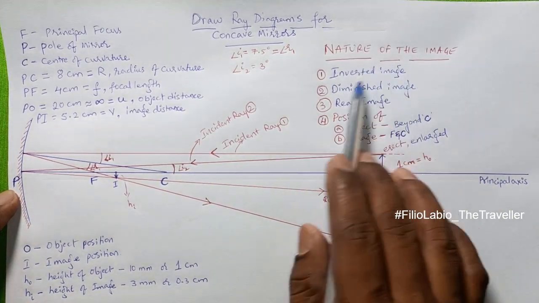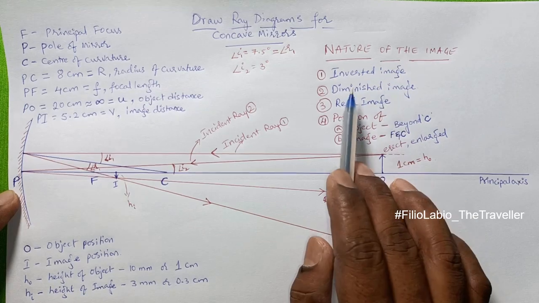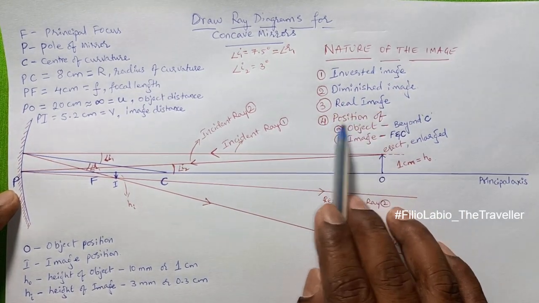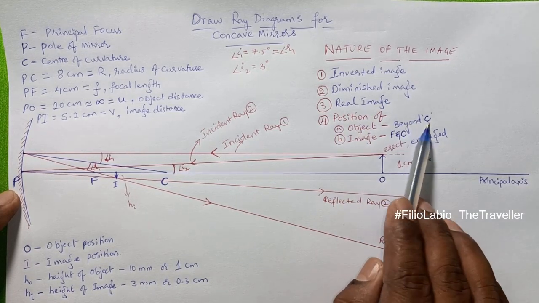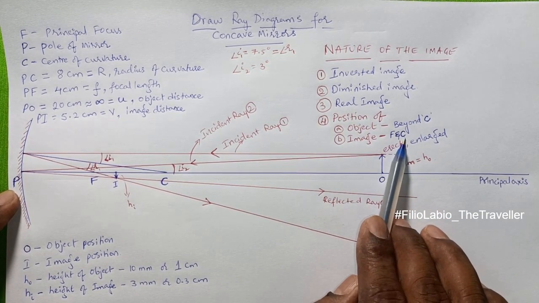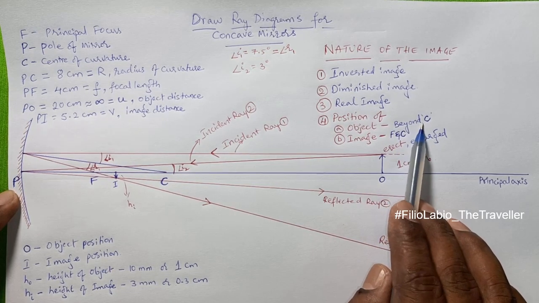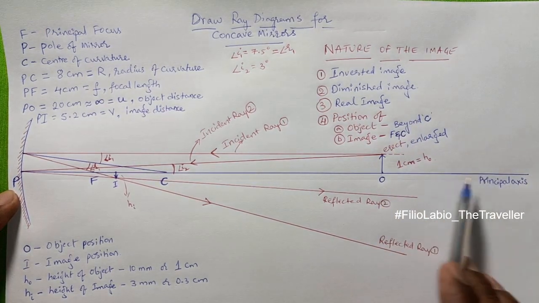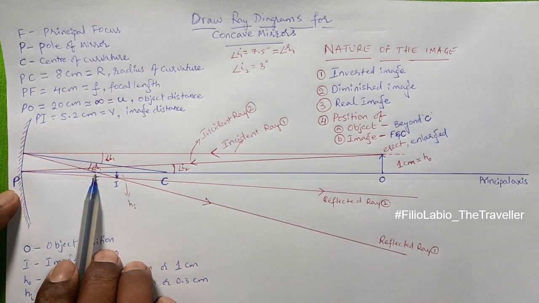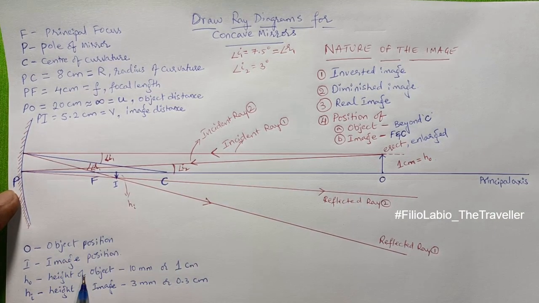The nature of the image is inverted, diminished and real. When the object is at a position beyond C, the image is formed between F and C. And when the object is beyond C at infinite distance, then the image will form at the principal focus.